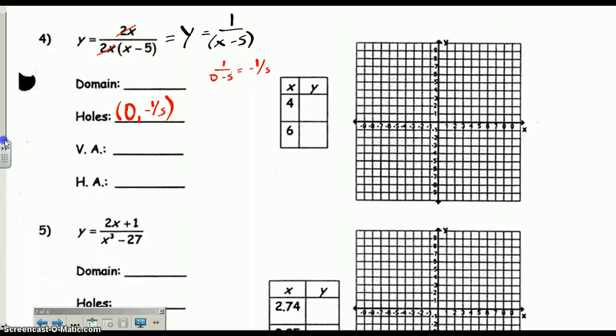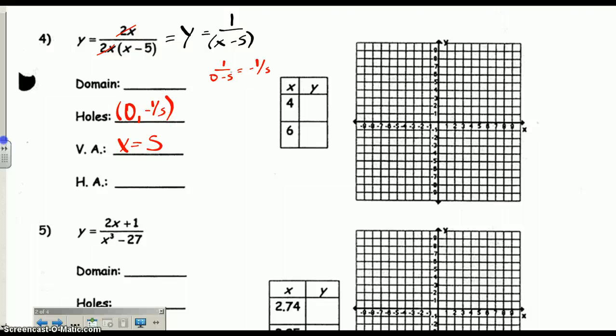So now let's go to that vertical asymptote. We know that there's a vertical asymptote at x equals 5, based off that denominator. Okay. Now let's look at the horizontal. This is the first case where the denominator has a greater degree than the numerator. So remember, we're dealing with p over q.